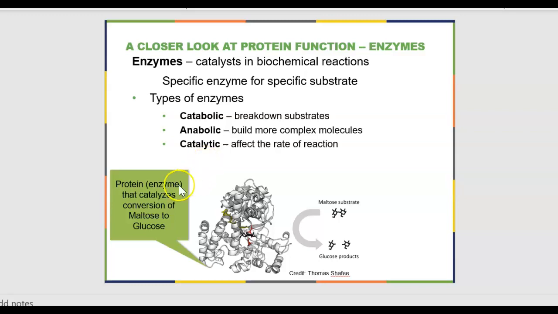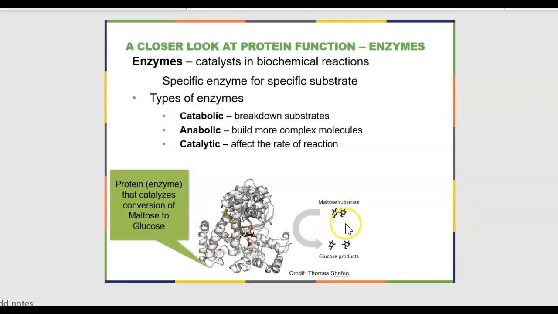So here we see something that is maltose. And this squiggly line that looks like a bunch of ribbons is really more like what a protein would look like, and we'll look at this later on.